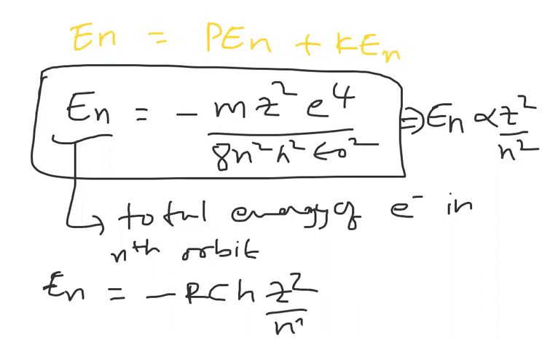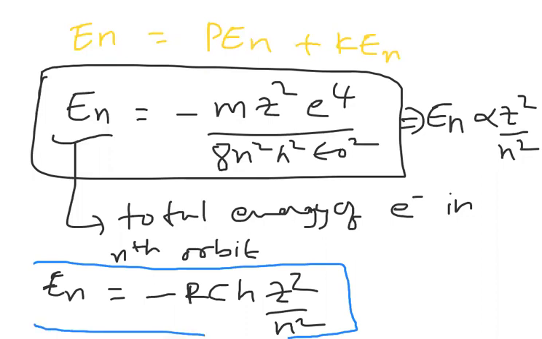Here R is called the Rydberg constant. This expression I can rewrite using the Rydberg constant, where C is the speed of light and R is the Rydberg constant: minus RCH Z square by N square. So this is also one formula we can write. That means either like this or like this, both are the same.